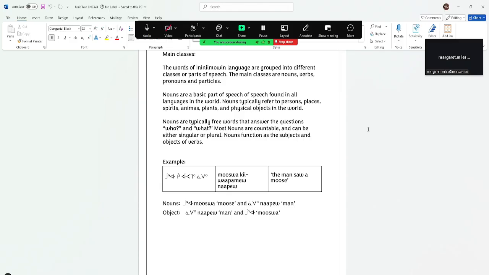The noun here is mosa, moose, and napel, the object. So the man and the moose.